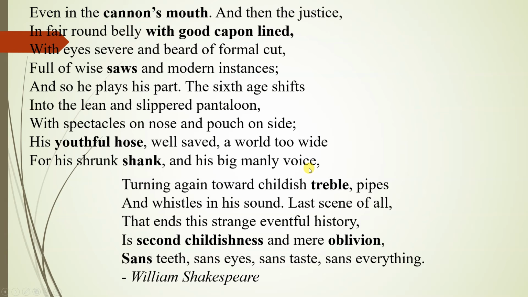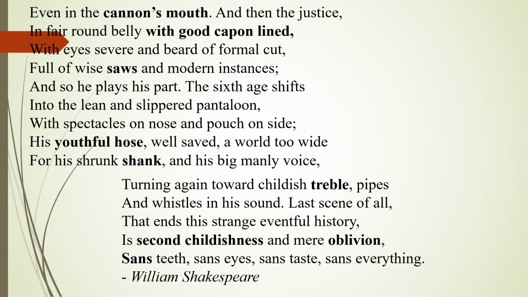So he wants to establish his position in the family, because after retirement they feel that nobody is respecting them or taking care of them. So for that they want to create their own existence in their family. So that is the sixth stage.